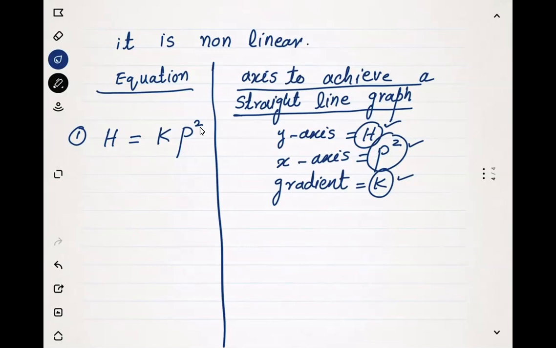If you have another relation, for example, R is equal to R naught e power minus kT, when you have an exponent, you have to take natural log. Always memorize that whenever you have an exponent, you are supposed to take natural log.